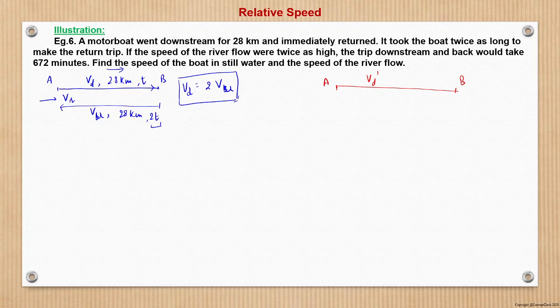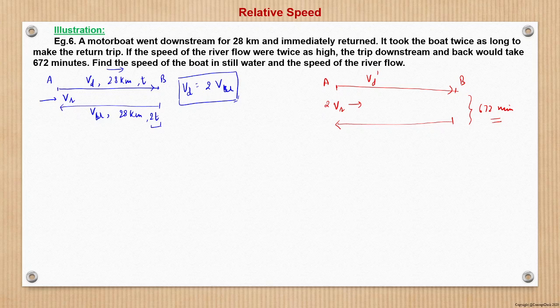Because the velocity of the river has changed. Now it is 2 Vr, right? And coming back from B to A, the total would have taken 672 minutes to cover the total distance.